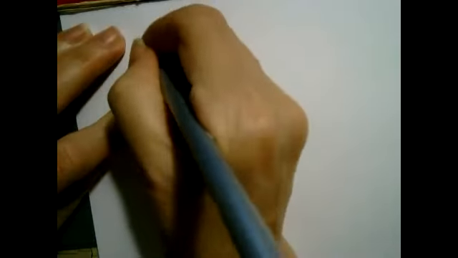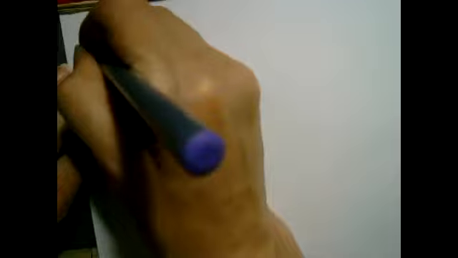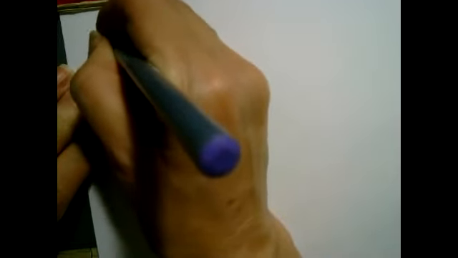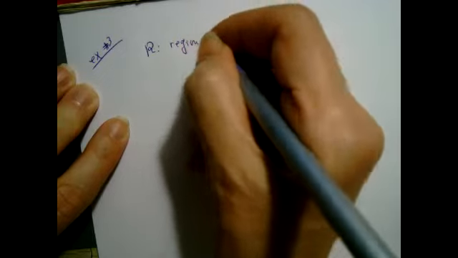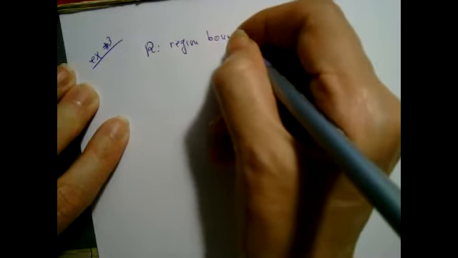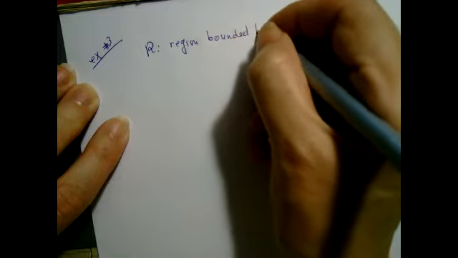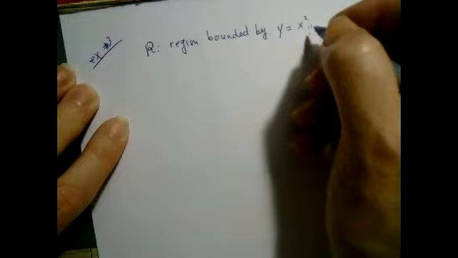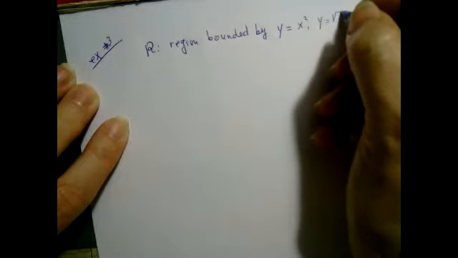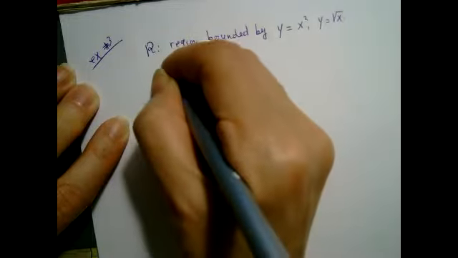So, my last problem for today is, again, the same region. So R is the same thing. Example number 3. R is the region bounded by y equal x squared, y equal square root of x.